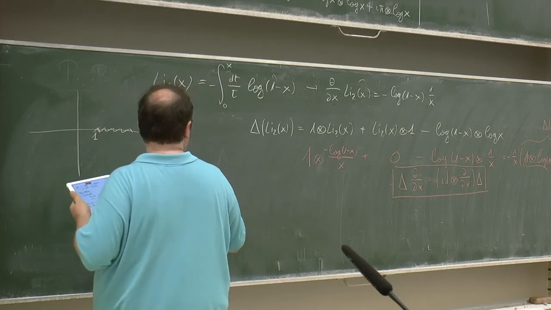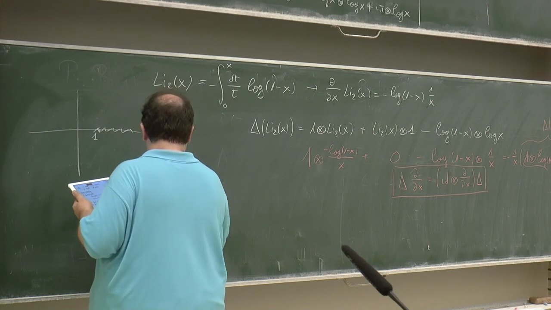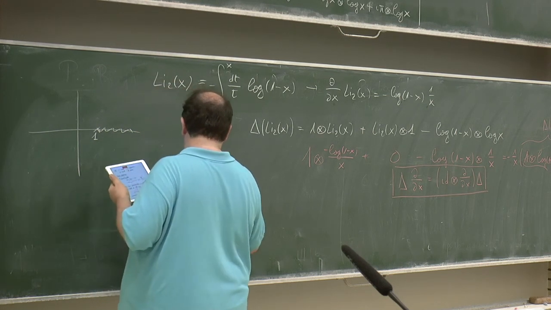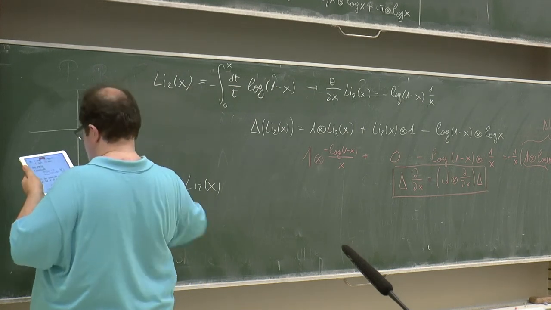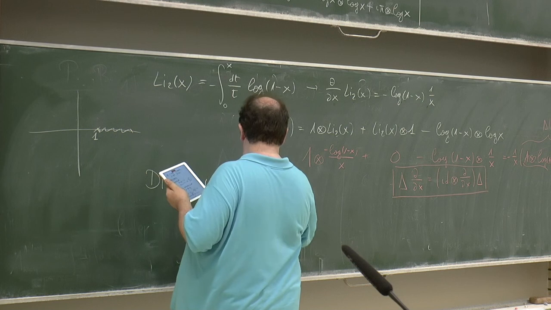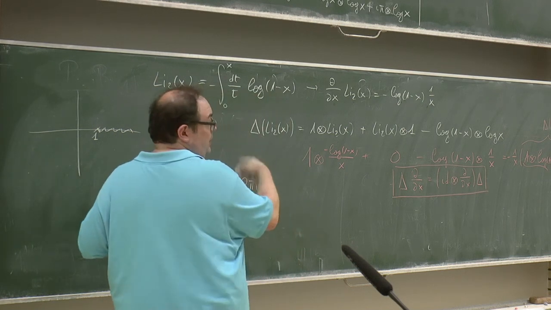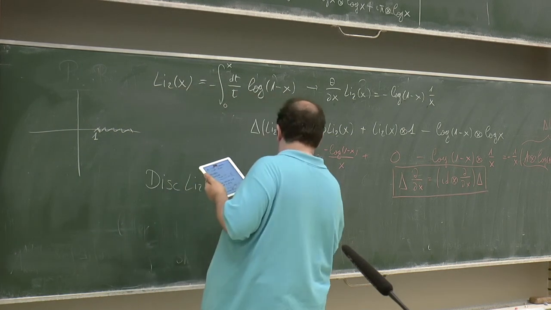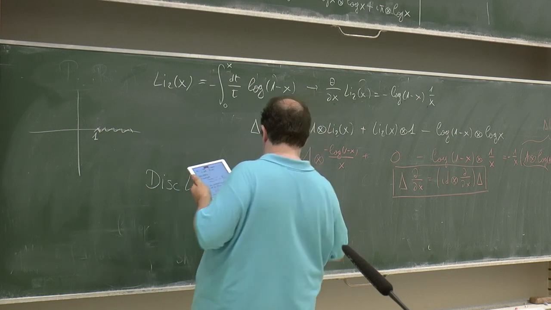The discontinuity of Li2 of x across this cut is 2 pi i, or minus 2 pi i, depending on which way you cross the cut, times log x.